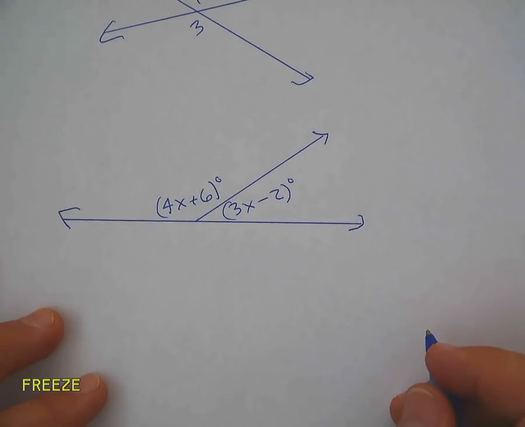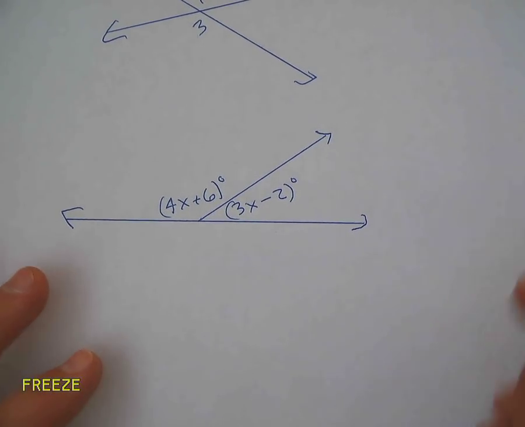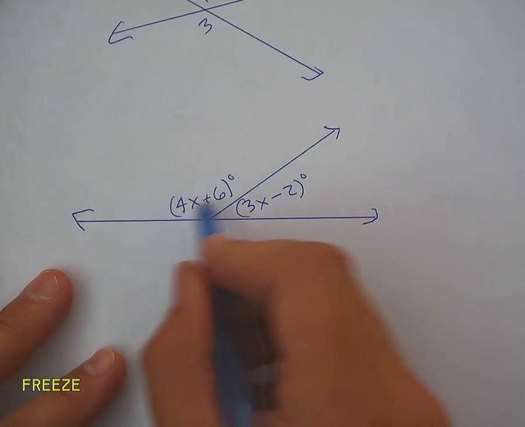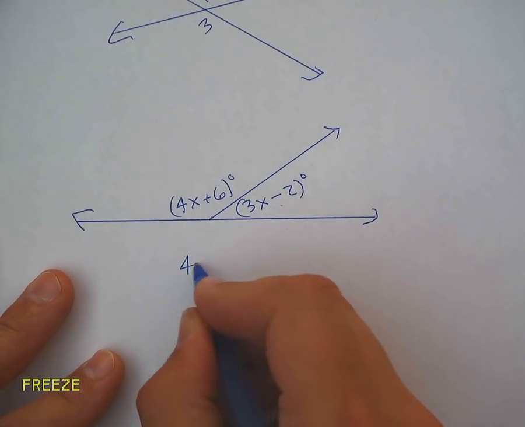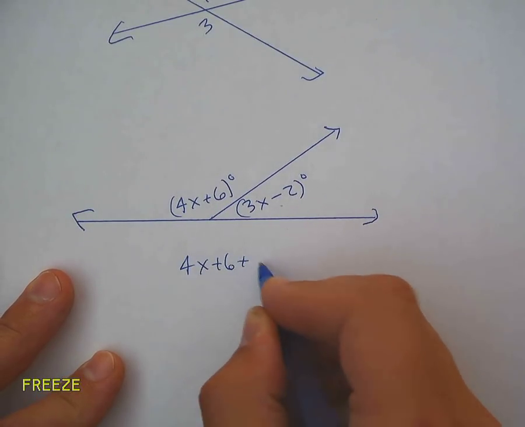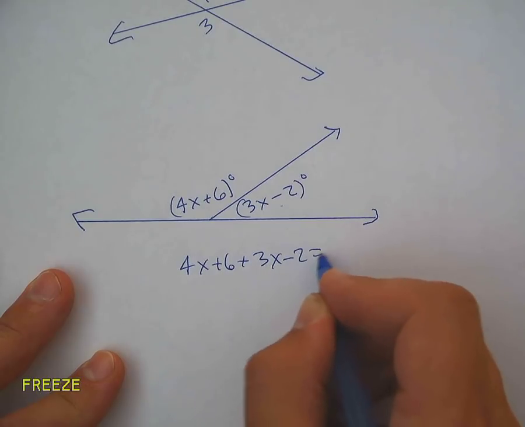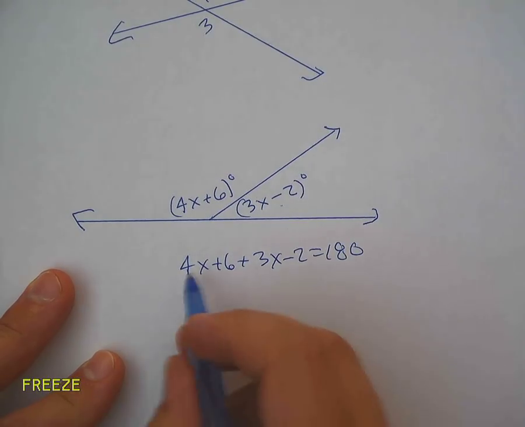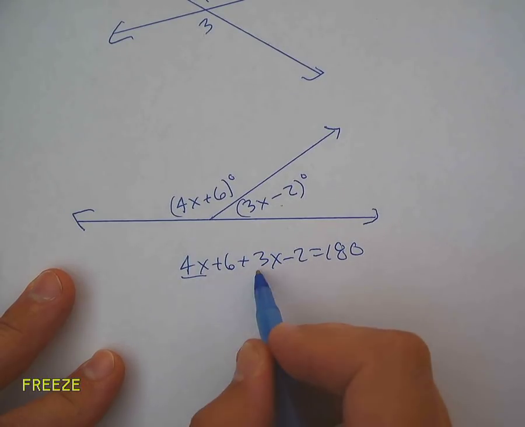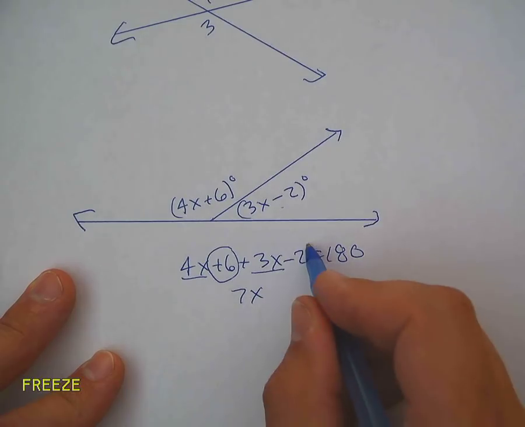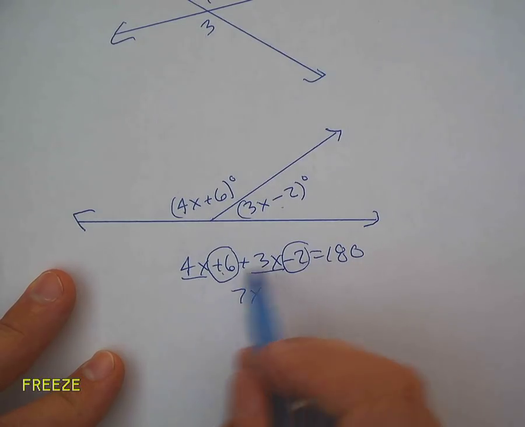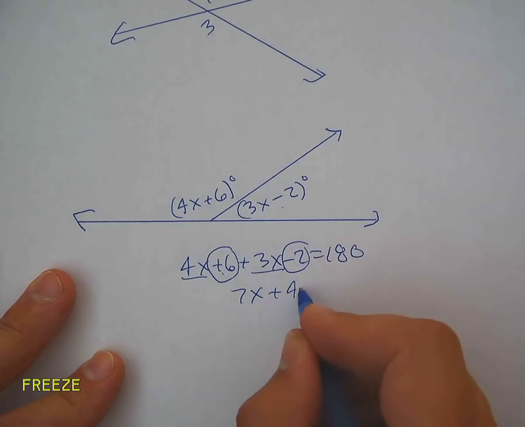And let's say I want to solve for what x is. Well, here's how you do it. Add these two together. 4x plus 6 plus 3x minus 2 equals 180. Then I got to combine like terms. Since they're on the same side of the equal sign, take my 4x and 3x, which gives me 7x, add my 6 and my negative 2, which would give me plus 4 equals 180.